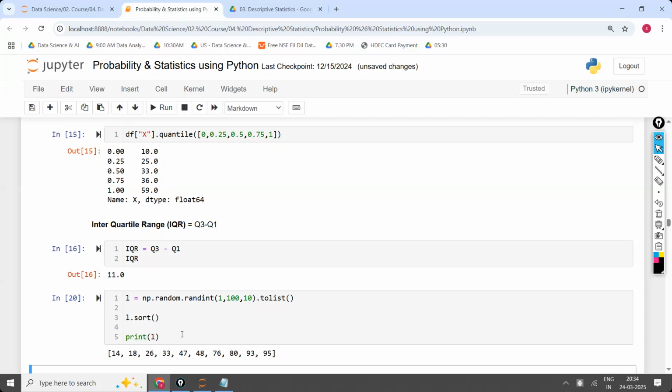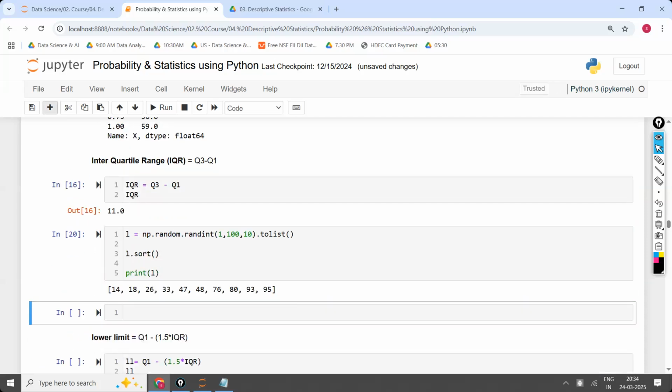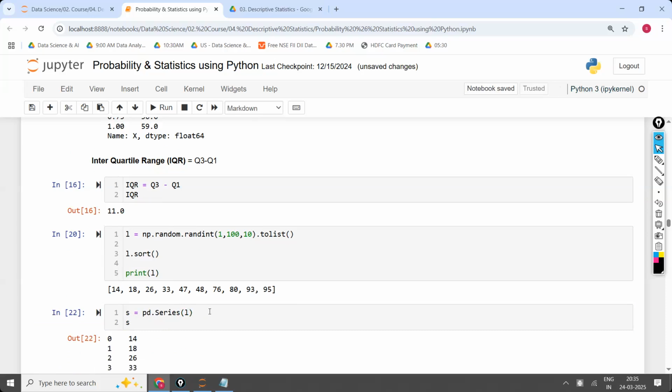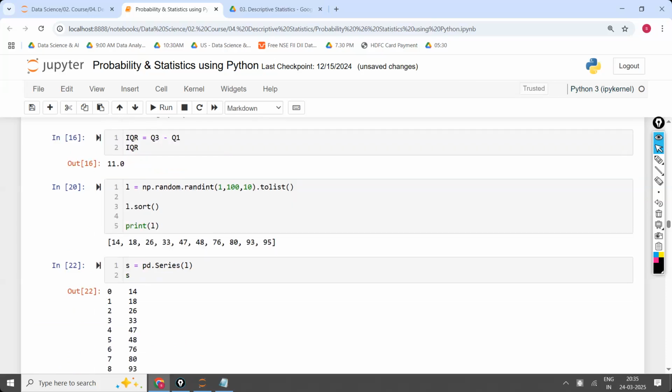First, let us calculate the median. For your data set, calculate the median. Okay.